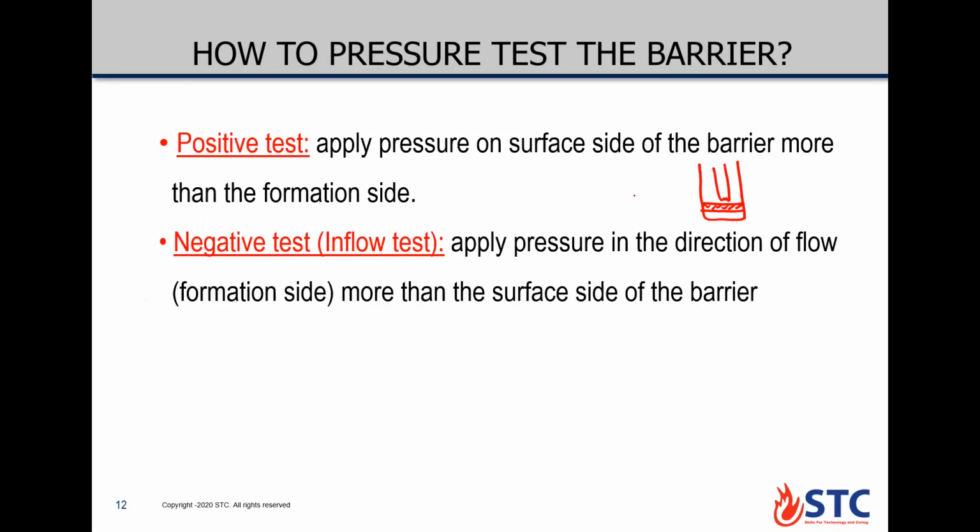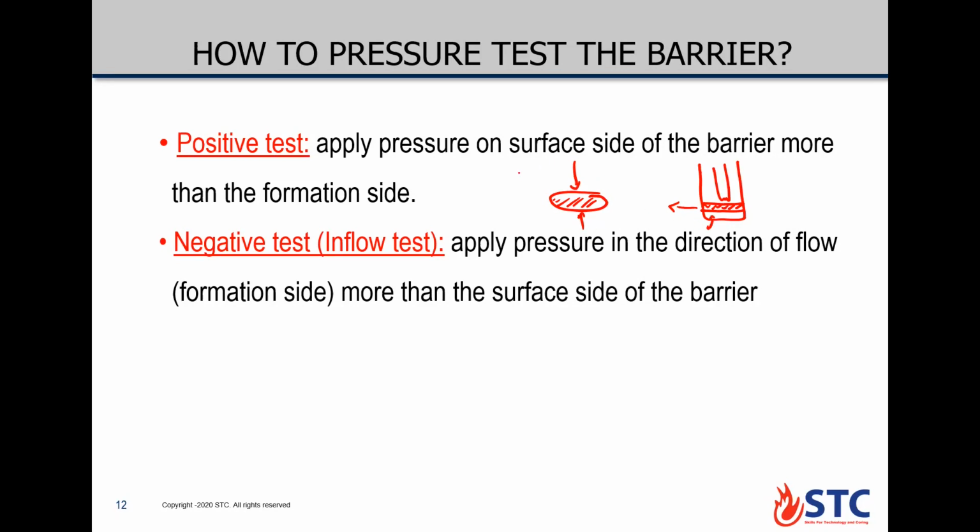The first type is the positive pressure test. Let's take this cement block here. There are two pressures acting on the cement block: pressure from the surface side and pressure from the formation side. The pressure from the surface side is the hydrostatic pressure, and the pressure from the formation side is the formation pressure.